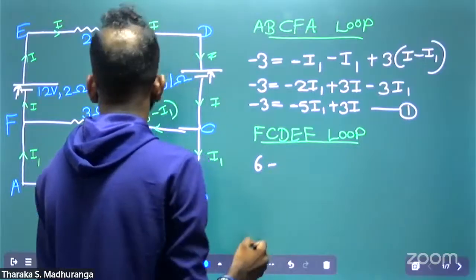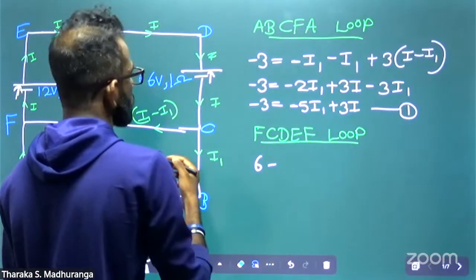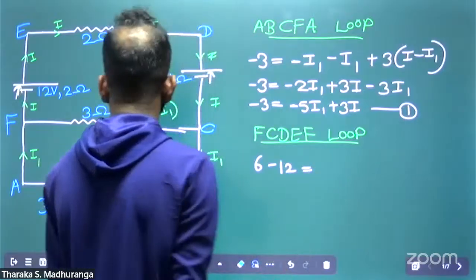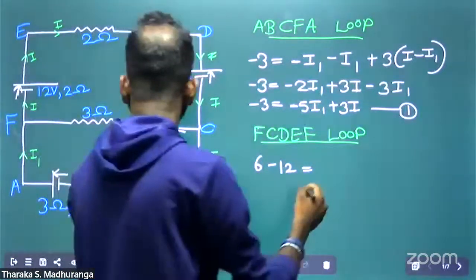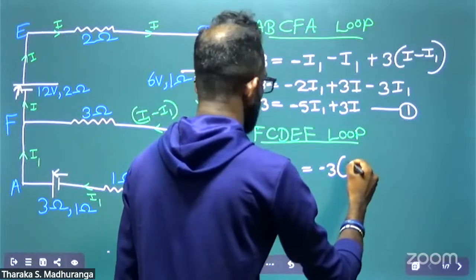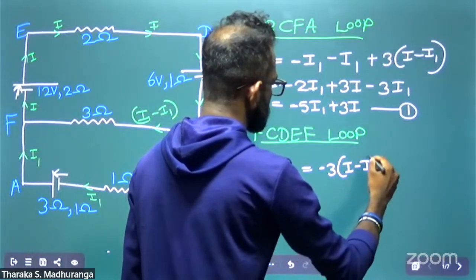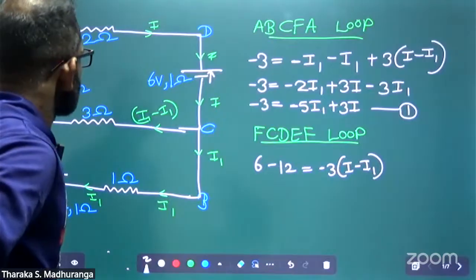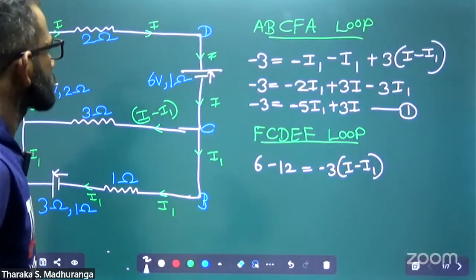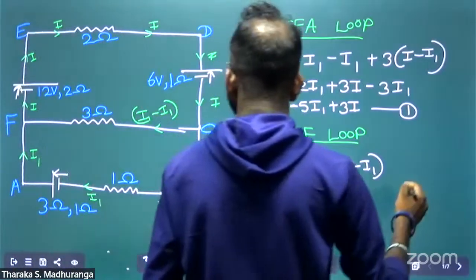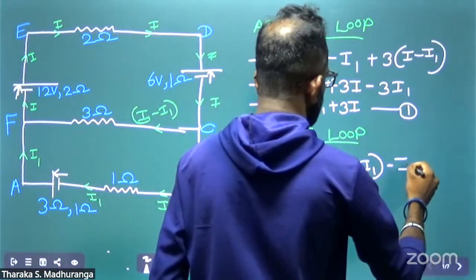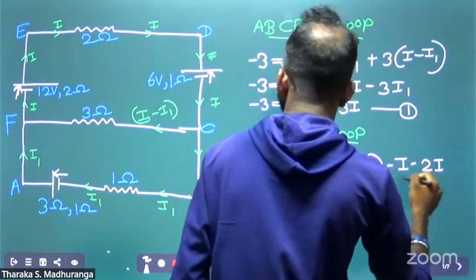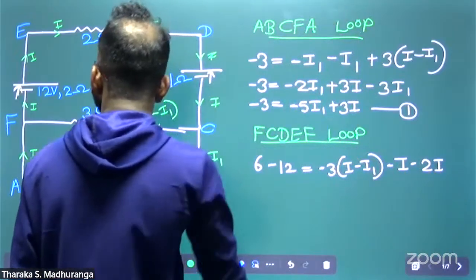Six. Our direction E to F, our direction and electromotive force difference, minus 12 equal. Again start minus 3 I1, sorry, I minus I1. Minus 2I, again minus 2I.